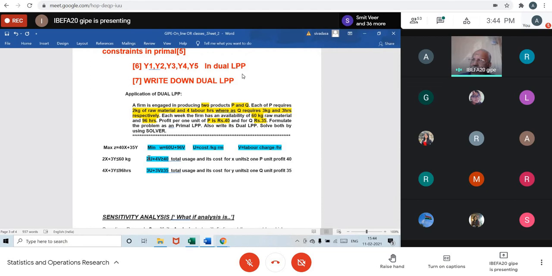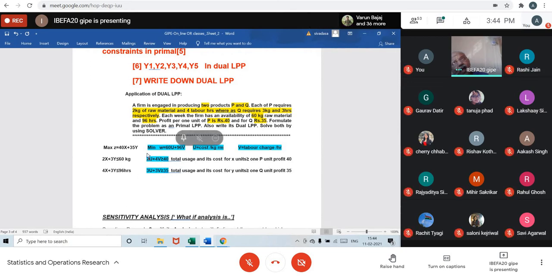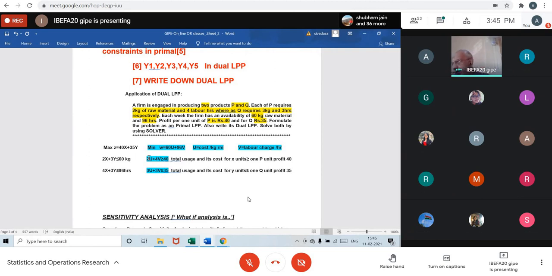Before you write a dual, what are you expecting as a dual here? Objective function is profit. Constraints are material and hours. Anybody? Don't write the LPP. Tell me what can be the meaning of dual here.